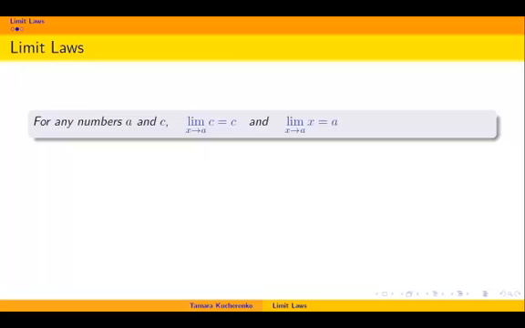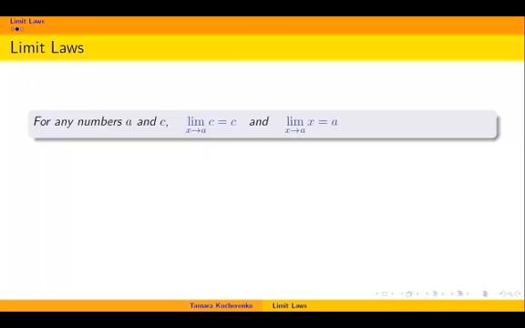The first limit is the limit of a constant function c. When x approaches any number a, the function is as close to c as it possibly could be. It is actually equal to c.